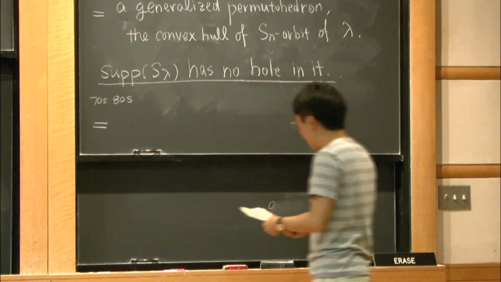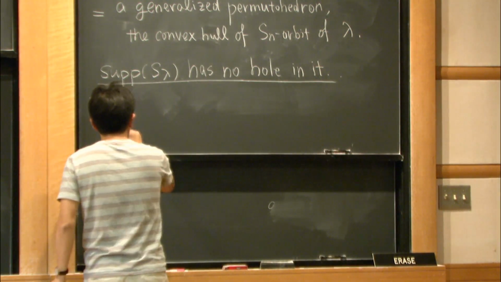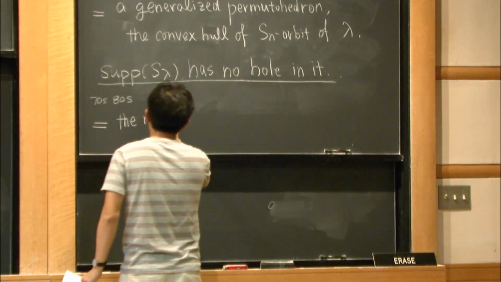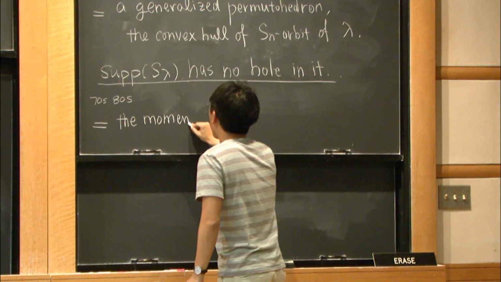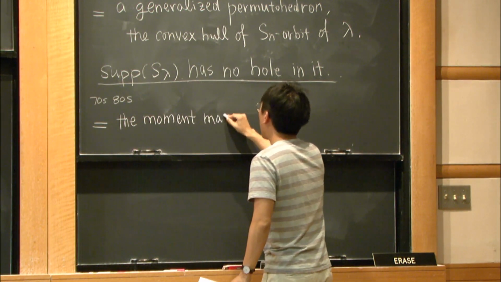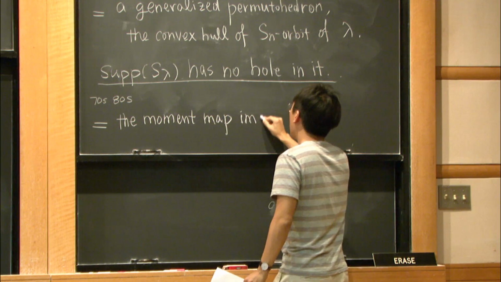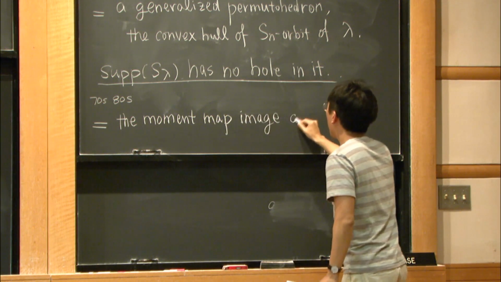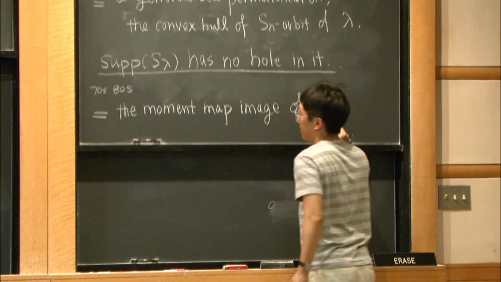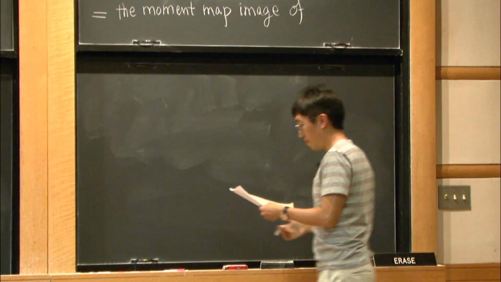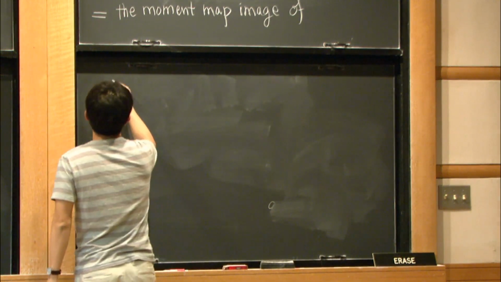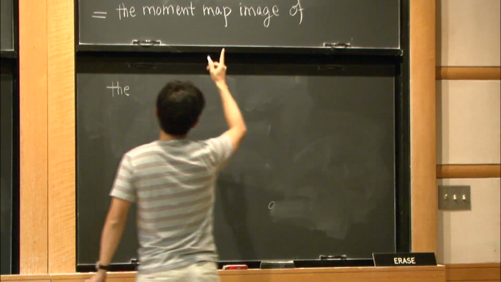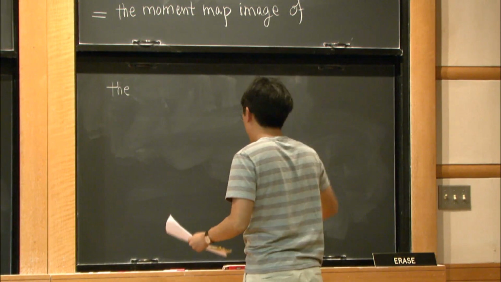So it's actually the moment map image of another orbit of lambda under some other group.